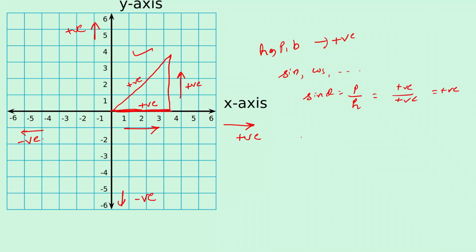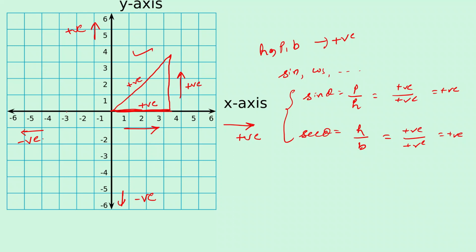Okay, and similarly, if you take anything else like sec theta, then sec theta is hypotenuse by base, which is positive divided by positive, because everything is positive in this case. So we have every trigonometric function to be positive. All right. Okay, so that is why every trigonometric function is positive in the first quadrant.